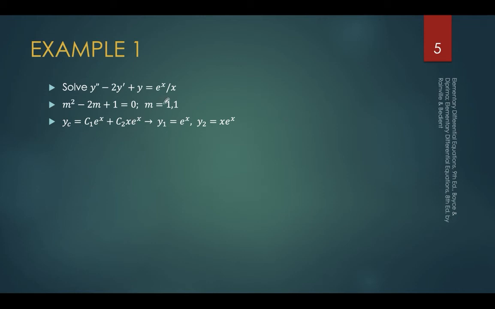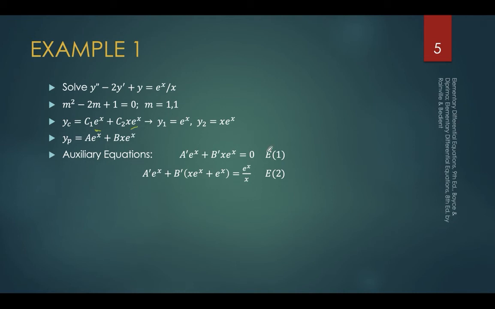Since 1 here is the second root, you have to multiply by x. We'll take e to the x as our y1, and x e to the x will be your y2. We're gonna use the two functions here for our y sub p. So a and b are two unknown functions, multiplying your y1 and then your y2.